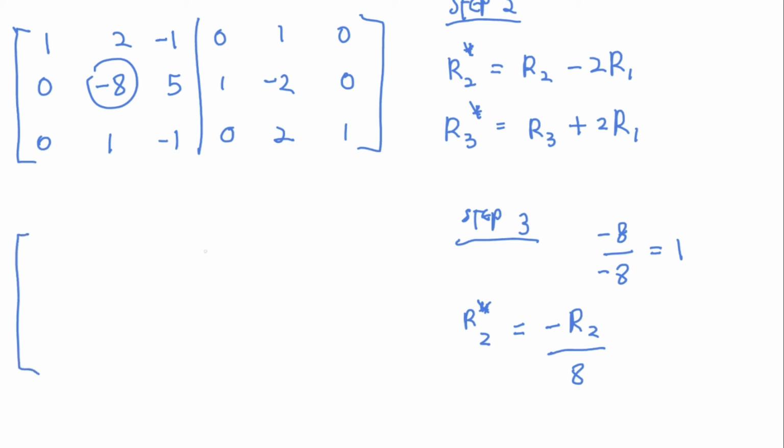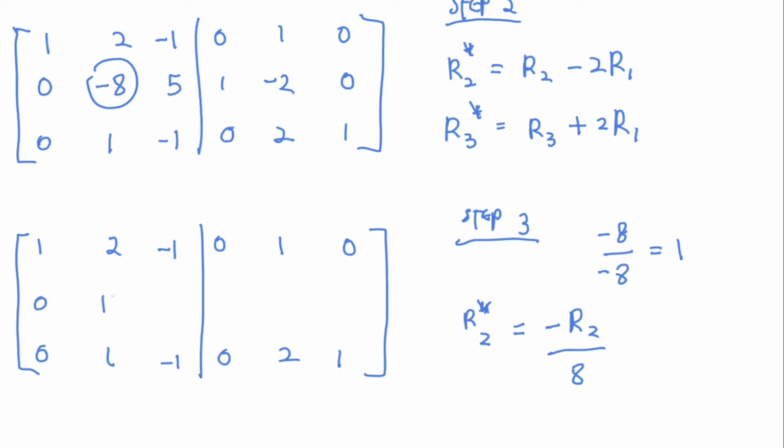So the solution will be 1, 2, negative 1, 0, 1, 0, then 0, 1, negative 5 over 8, negative 1 over 8, 1 over 4, and 0, then 0, 1, negative 1, 0, 2, 1.